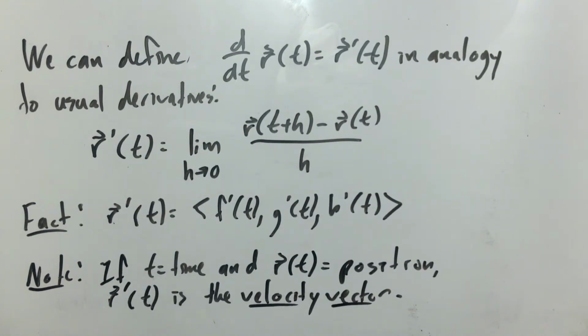We can define d dt of r of t, which is the same as r prime of t, and this is the derivative of r with respect to t, in analogy to our usual definition of derivatives. So I'm going to write this down once and then never talk about it again. R prime of t is the limit as h goes to 0 of r of t plus h minus r of t, divided by h.